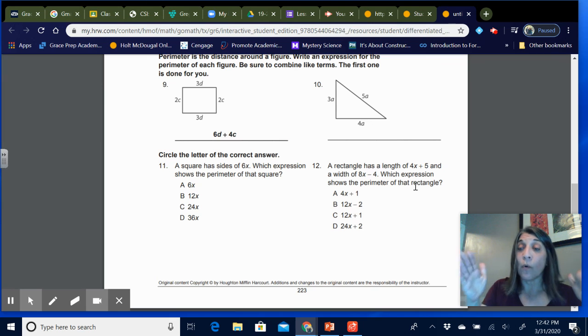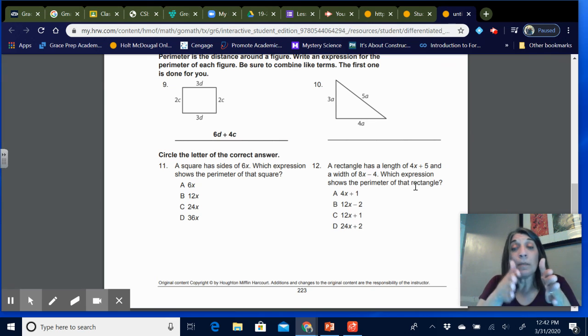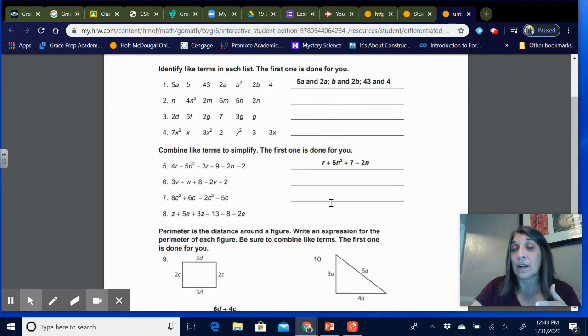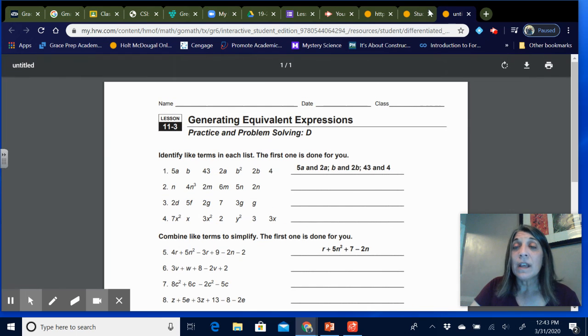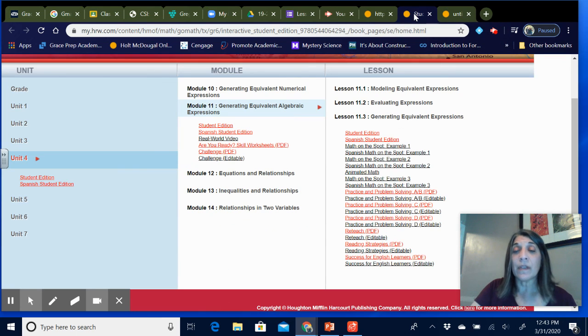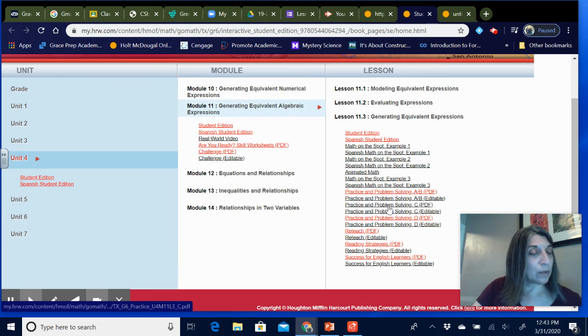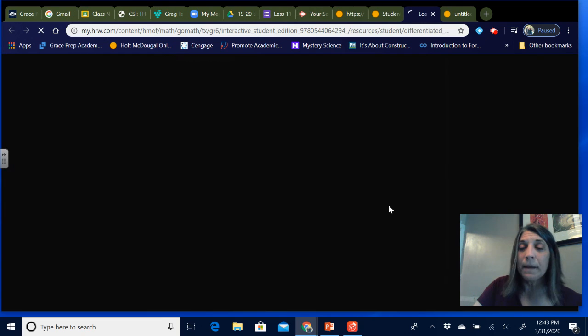You have to add all 4 sides together. It's going to be a really long expression when you write it, but if you start rearranging it and putting all the like terms by each other, like we talked about up here, then that'll be a lot easier. So you're going to do this page, and then if I just click on the tab up here, you're also going to go to C.